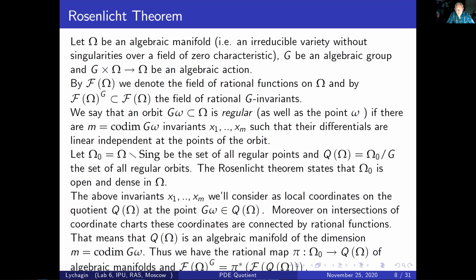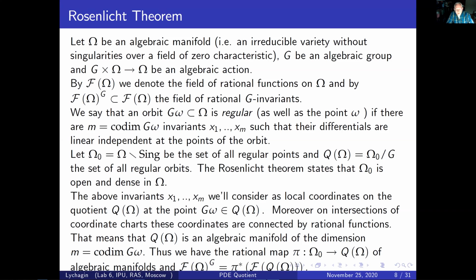So let's put in our definition regularity as a condition that the quotient will be smooth at some point. A regular orbit will be such an orbit that in the quotient it is a point where the quotient is smooth. Another way to say it is that it should be a point such that we can find some local coordinates at this point.